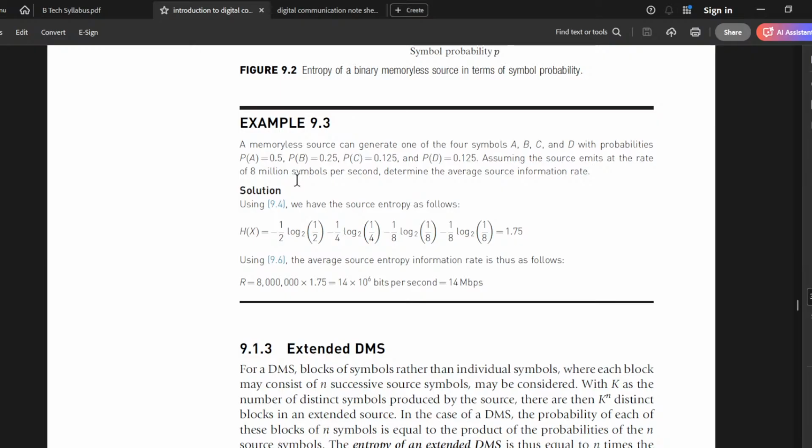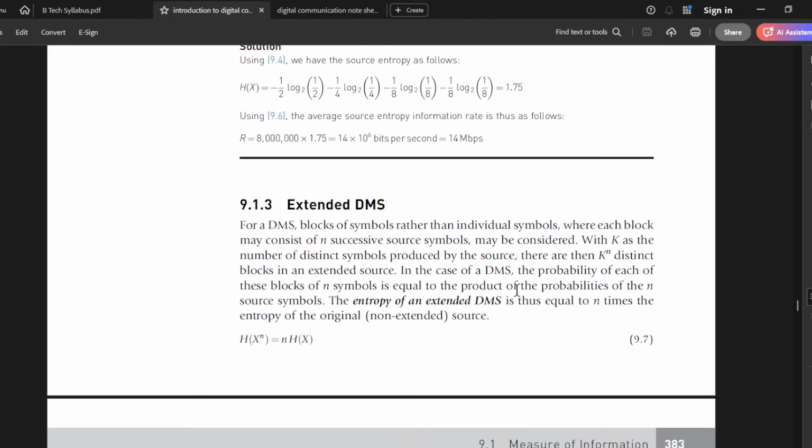So 1 by 2 log 2 (1 by 2) minus 1 by 4 log 2 (1 by 4) minus 1 by 8 log 2 (1 by 8), and so on. We'll get 1.75. Now, using this, the average source information rate is as follows. R is equal to, we have the value of small r and 1.75, so we'll get 14 Mbps. Very easy question.